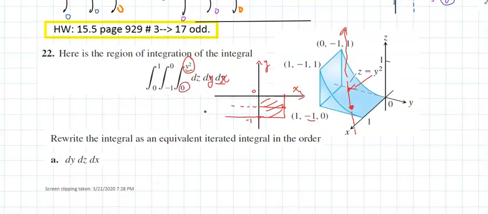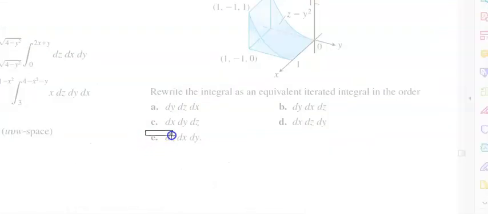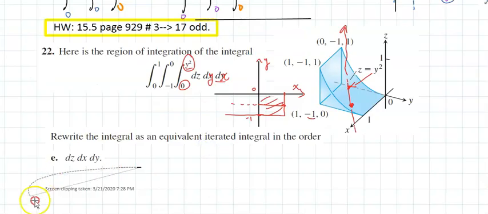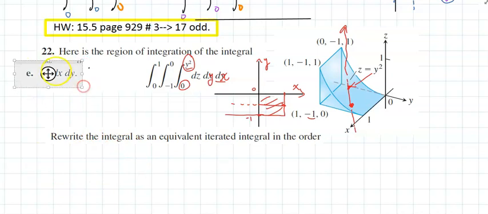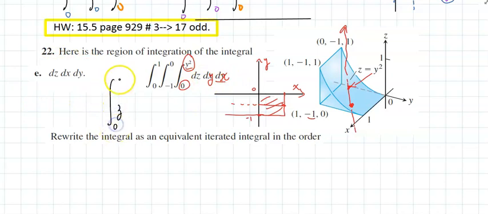Actually, let's get e out of the way. And the reason I want e is already right there. All I have to do is really rearrange those, since z is already set. Z is already from 0 to y squared. Now I want dy, then dx.